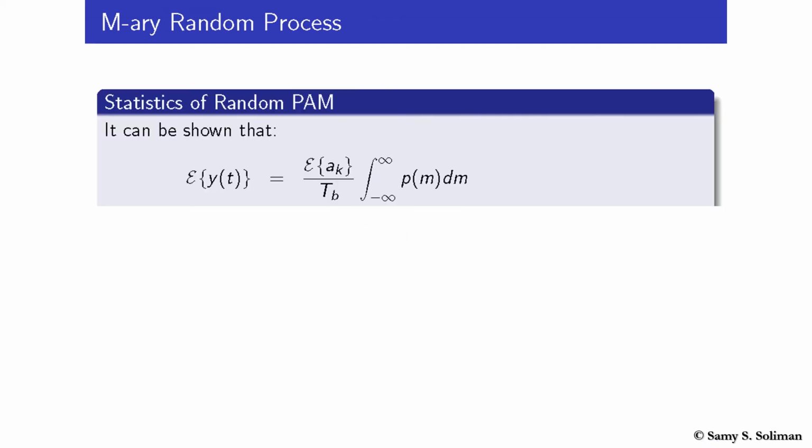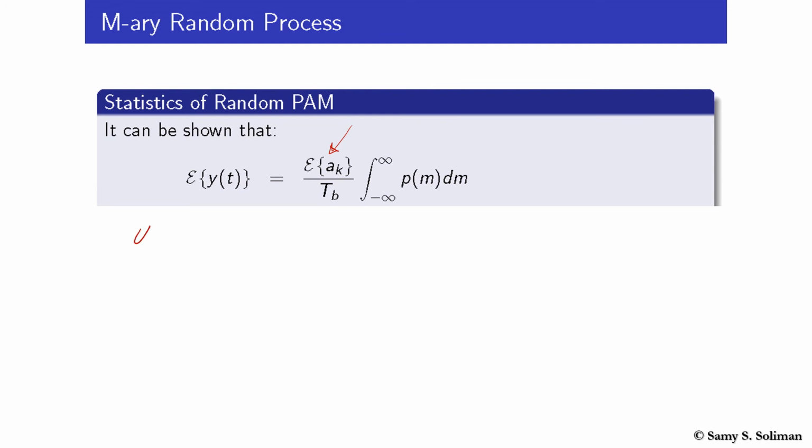So first, it can be shown that the average of an M-ary random process, which we call y of t here, is the expected value of a_k, the different amplitudes, multiplied by the time average of the pulse p of t, calculated as the integral of p of t dt divided by Tb.